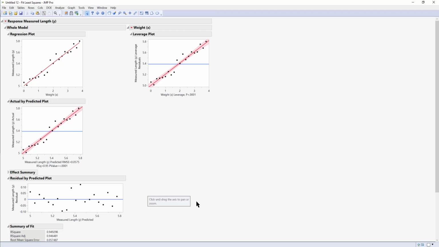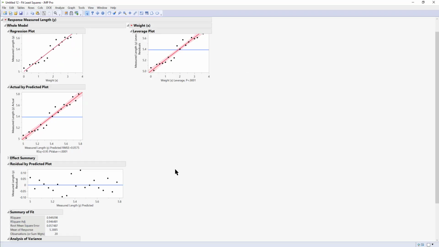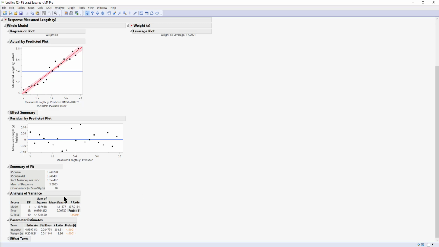So this is the output. We scroll down and see it also gives us the R square, the coefficient of determination. This is all the same as the Excel output: the analysis of variance ANOVA table, and also the parameter estimates, the intercept and the weight, the slope.